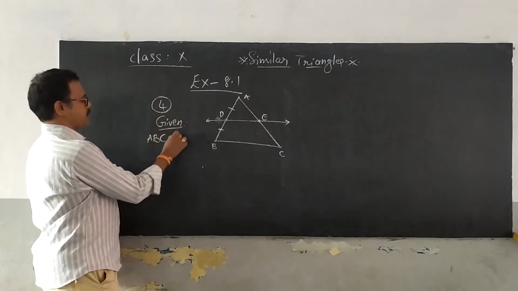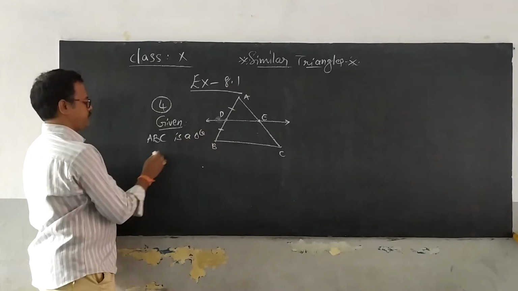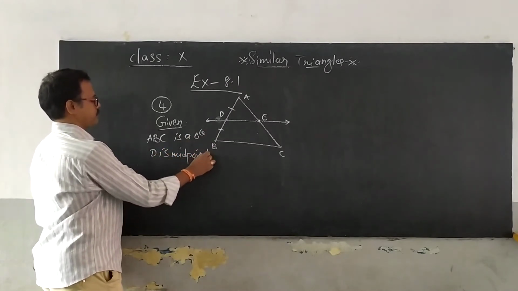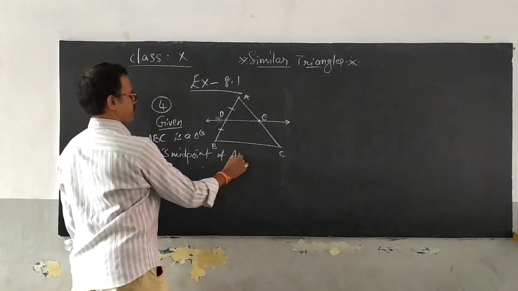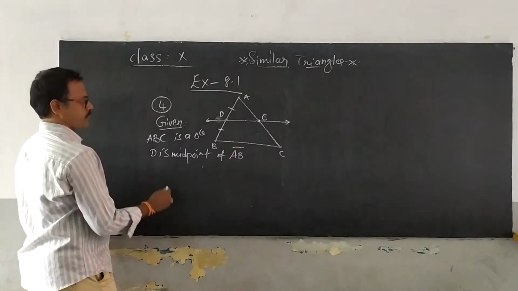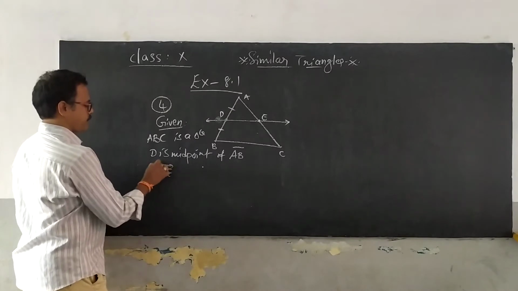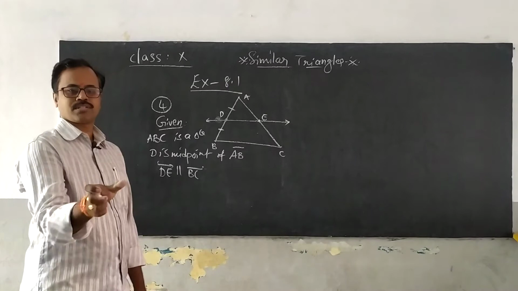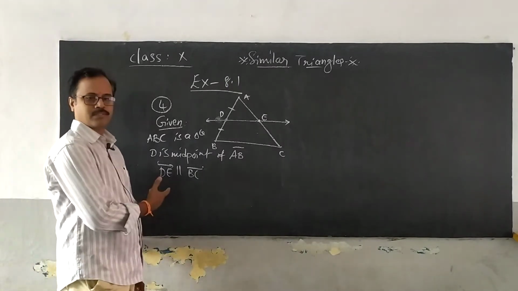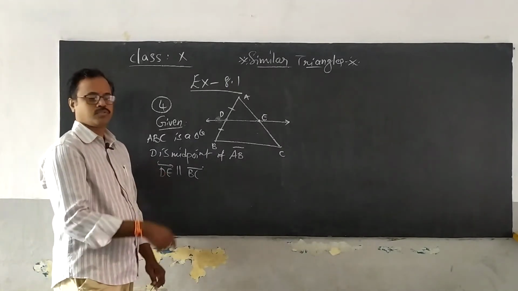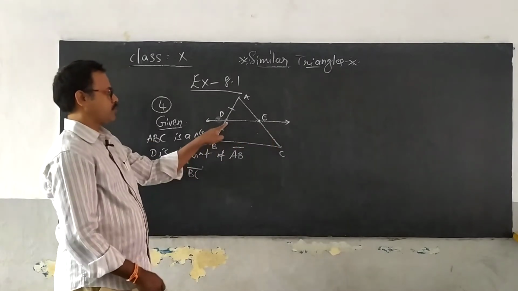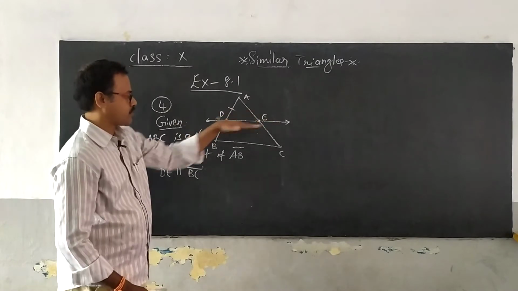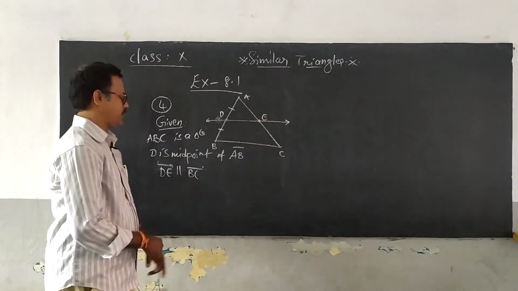Given: ABC is a triangle, D is the midpoint of AB line segment, DE line is parallel to BC line segment. If you read that statement, you can clearly understand that a line drawn through the midpoint of one side of a triangle parallel to another side will bisect the third side.